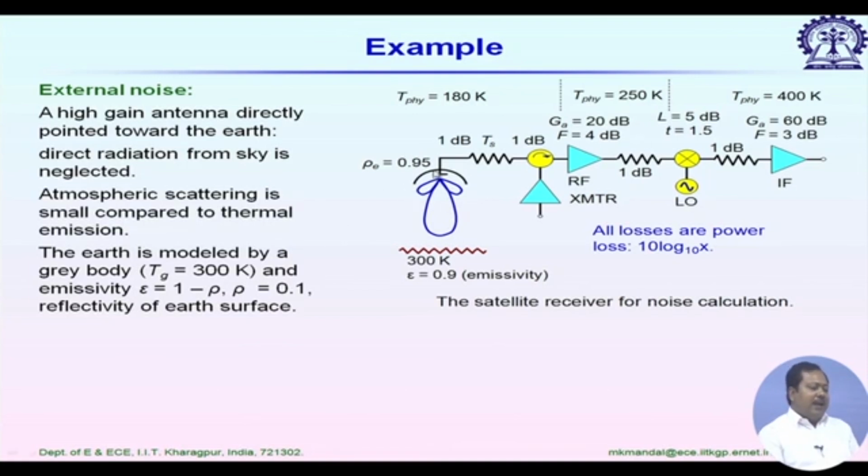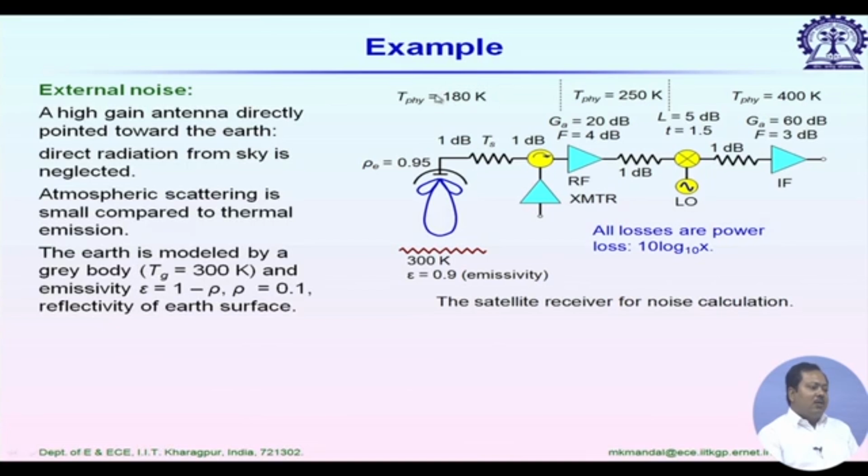This antenna is connected to a circulator by using a section of transmission line, maybe a cable or waveguide section. Starting from the antenna to the circulator, they are at a physical temperature of 180 Kelvin.